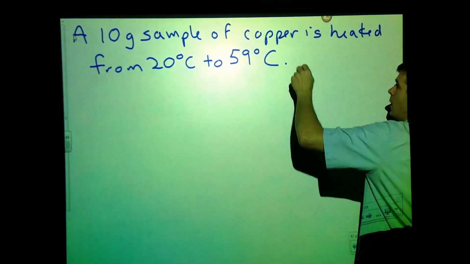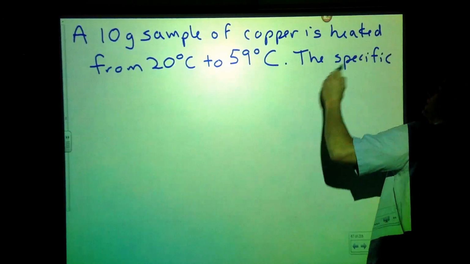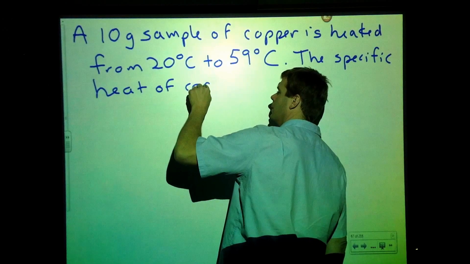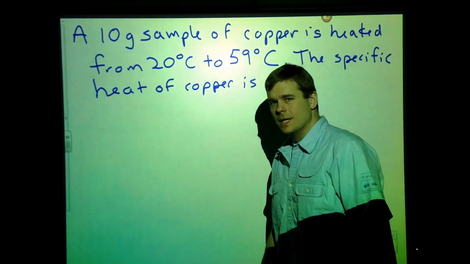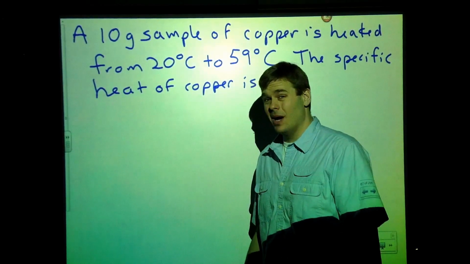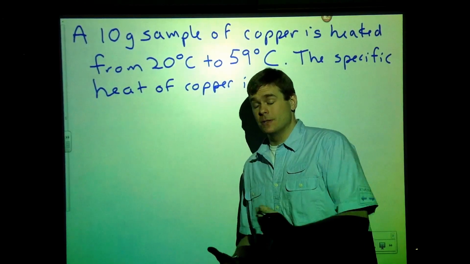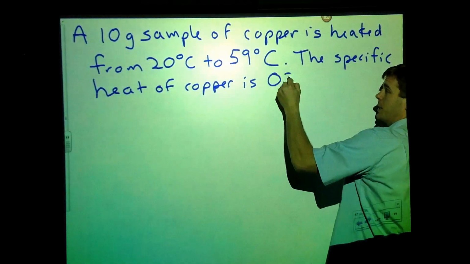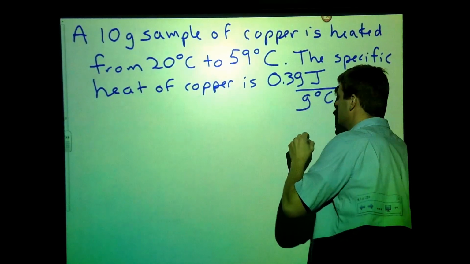The specific heat of copper, do you think it's more or less than wood? Is it more or less than water? We're talking about copper, metal. Is it easy to heat up? If it's easy to heat up, it has a low specific heat. Specific heat of copper is 0.39 joules per gram degrees Celsius.